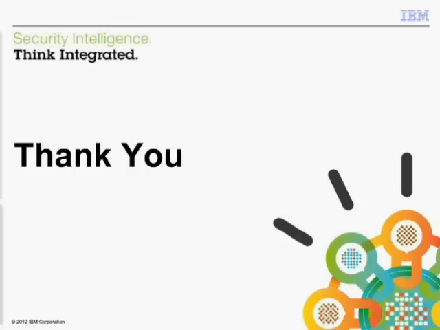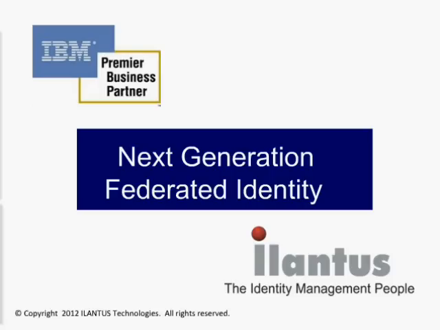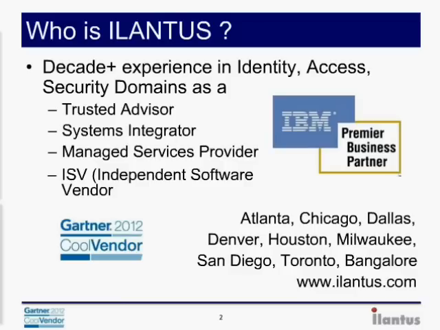Thank you, Archit. I would like to set the context for the rest of today's presentation. ILANTUS has been a provider in the security arena for over 12 years, as well as a premier business partner with IBM. IBM, with its leading products in the identity and access management domain, provides companies with full-function analytic knowledge tools.